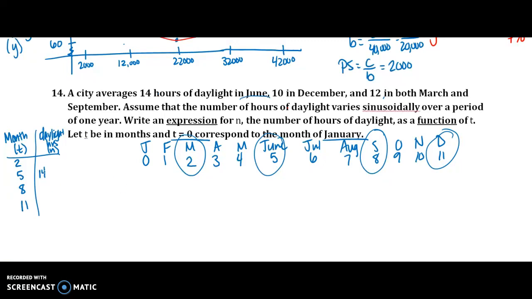That would be 14, 12 with March, 12 with September, and 10 with December. My suggestion then, remember time is along the bottom. So remember that's T. And then daylight hours will be N as your y-axis.